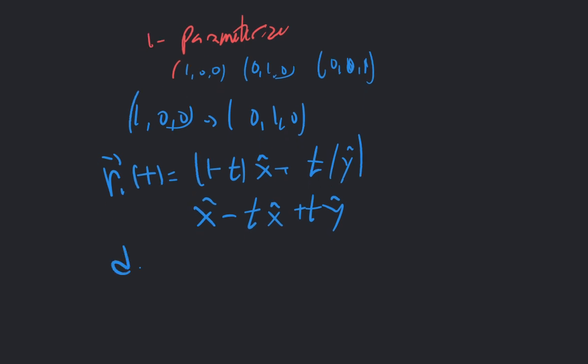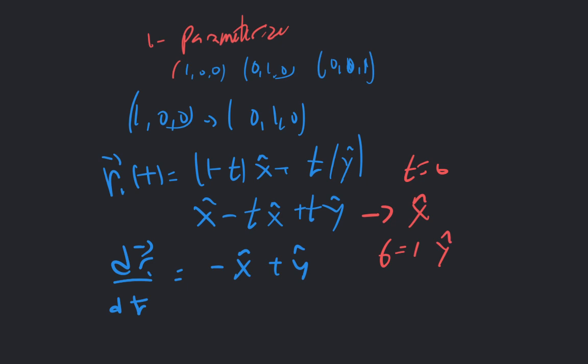If we differentiate this with respect to t, we have minus x unit plus y unit. When t is equal to 0, we have x unit, and when t is equal to 1, we have y unit, because 1 minus 1 is 0 for x unit.